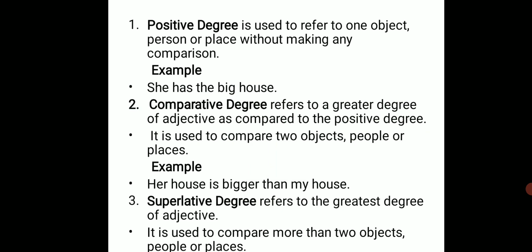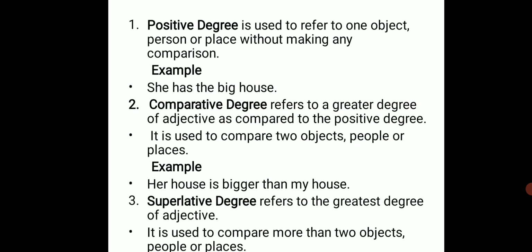Her house is bigger than my house. Now there are two persons here, her and my. There are two persons and two houses in comparison. Her house is bigger than my house, right?